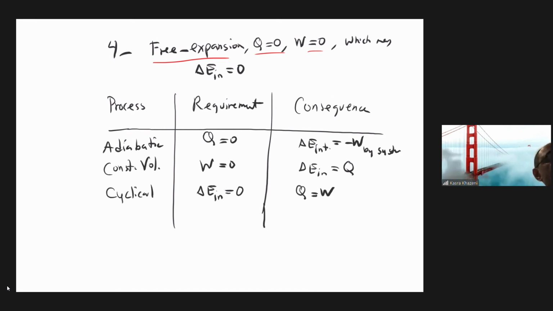And these become tricky when problems show up later. And free expansion means both Q and W are 0, which then means internal energy is constant. So change in it is 0.